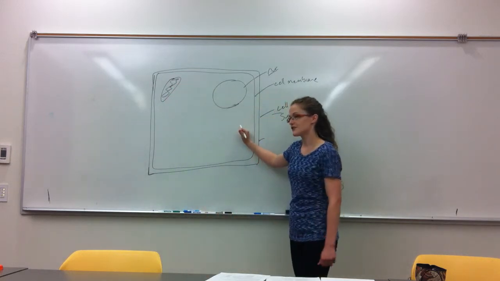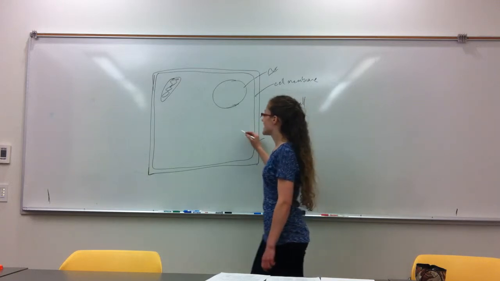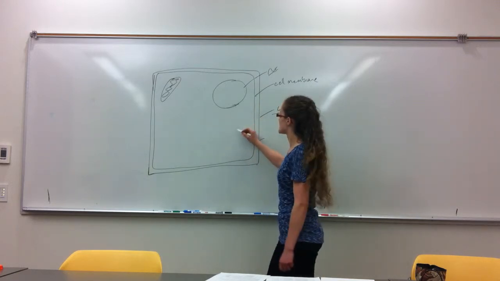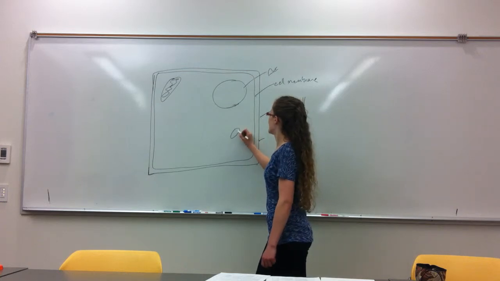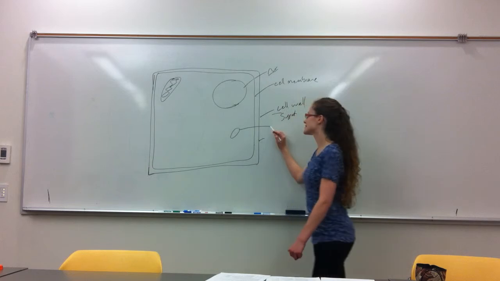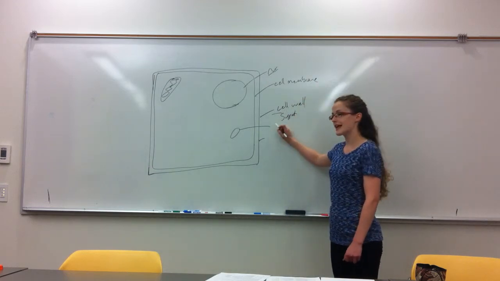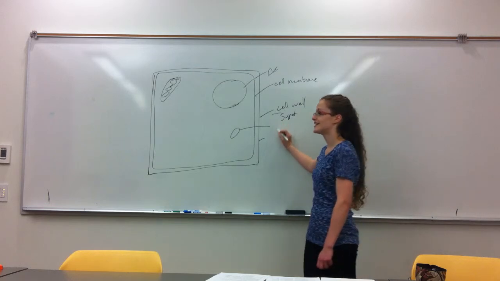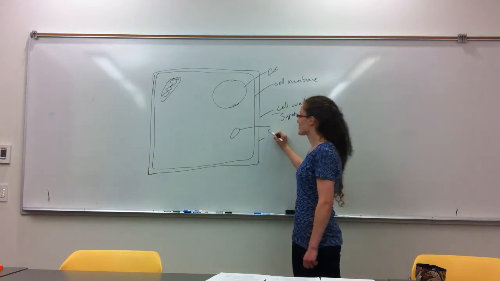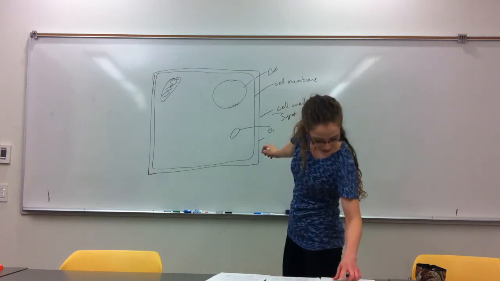One of the different structures in a plant cell, though, that is not in an animal cell, is the chloroplast. So these are little kind of rounded green structures, and they contain, can anybody tell me what they might contain that makes them green? Chlorophyll. Yeah, chlorophyll. So chlorophyll is inside our, let me spell this correctly.